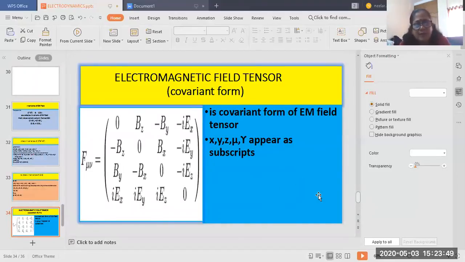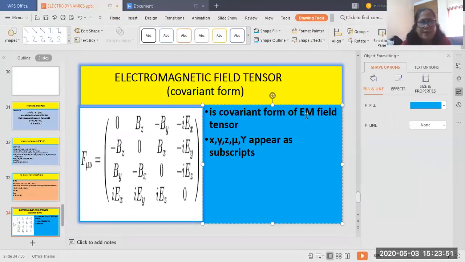So now we will come to the electromagnetic field tensor. Already I have done this, so I am moving further. Those who were absent, you listen carefully. So this is a tensor. A tensor is in the form of a matrix. It can be shown in the form of a matrix.